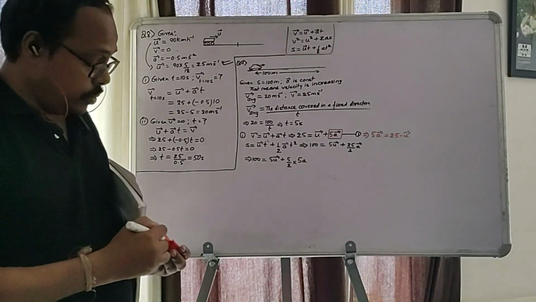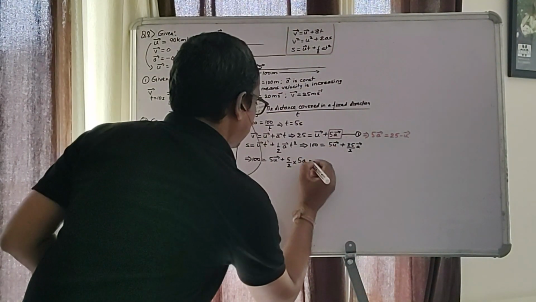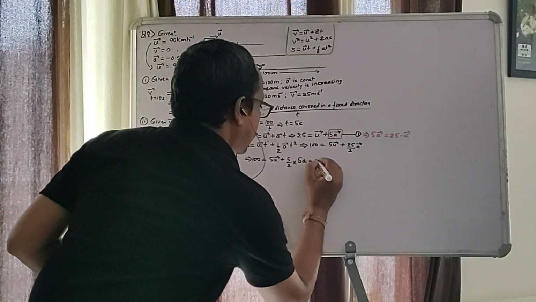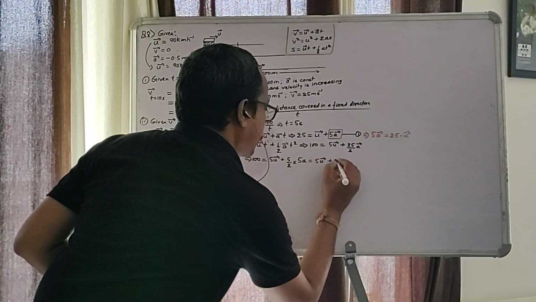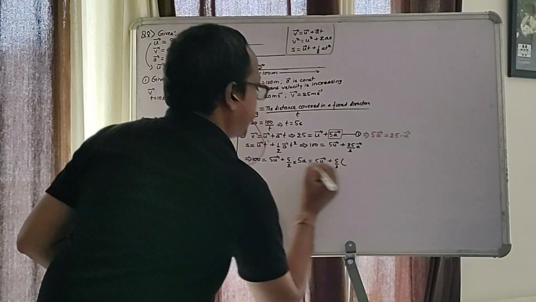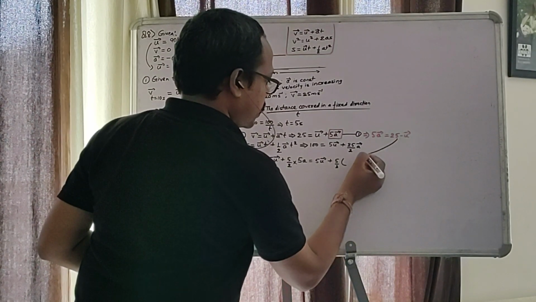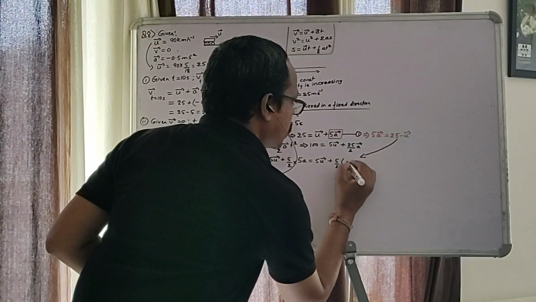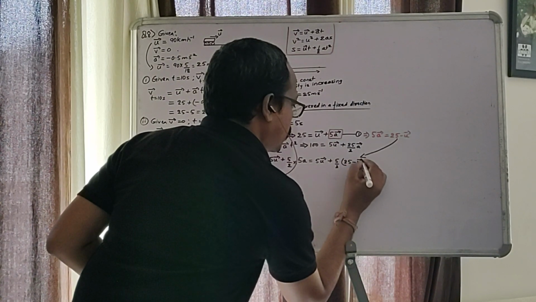So now we will use this value here. We will write 5u, and then plus 5 by 2, and in place of 5a, I will write this particular value, 25 minus u.